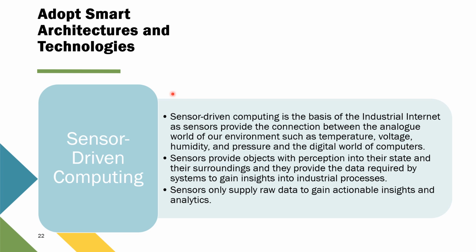For example, we can monitor temperature, voltage, humidity, and so on. There are a lot of functions of sensors that we can see in the engineering world. The sensors provide objects with perception into their state and surroundings, and they provide the data required by the system, so that we can gain insight into the industrial processes.